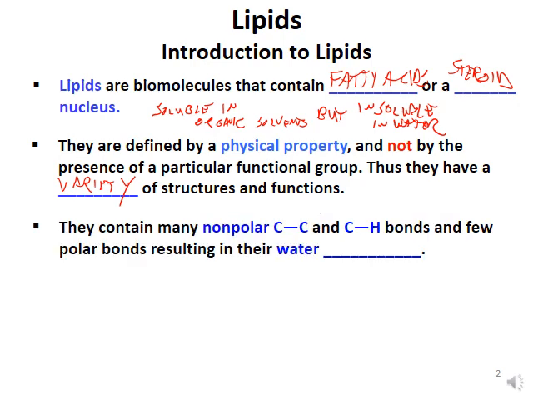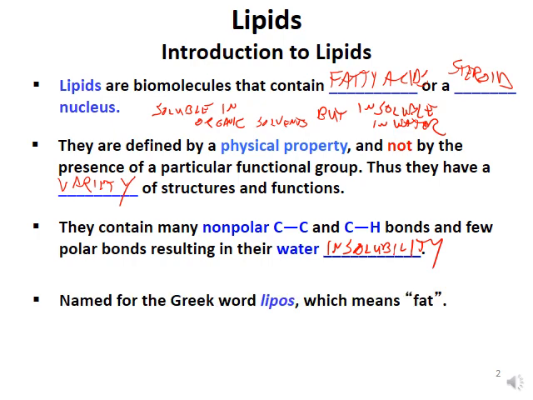Lipids have many non-polar carbon-carbon and carbon-hydrogen bonds, and very few polar bonds. So therefore, that's why they're highly insoluble in water. The Greek word lipos, which means fat, is why these molecules in general are called lipids.